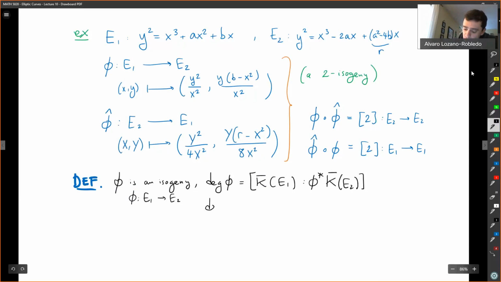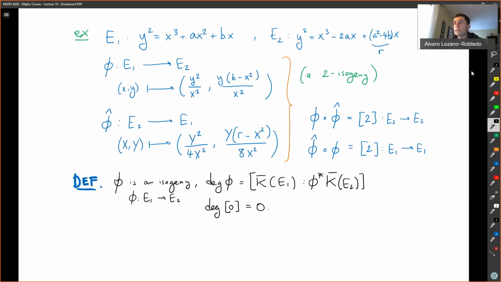And we define the degree of a constant isogeny, the only constant isogeny being the map that sends everything to 0, to be 0.